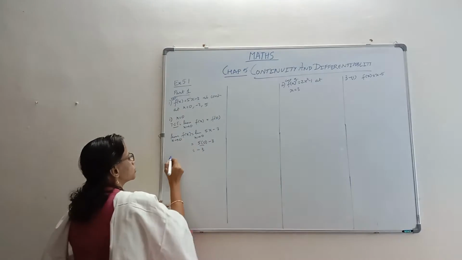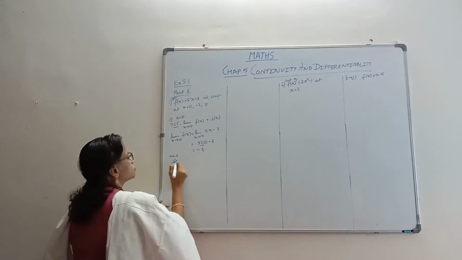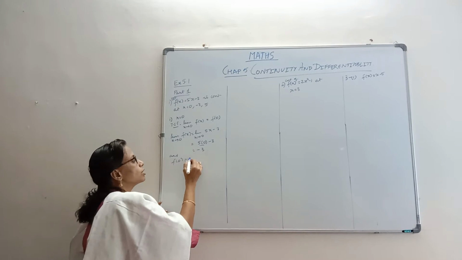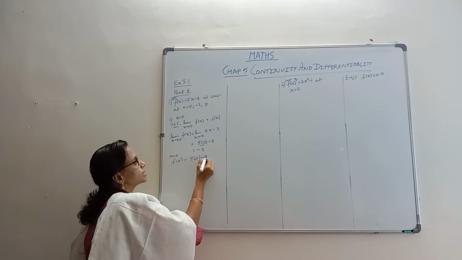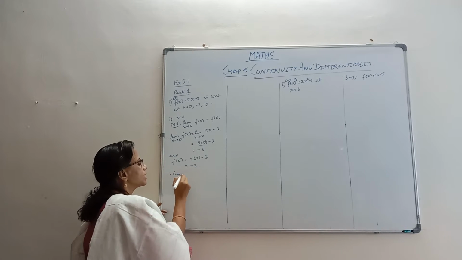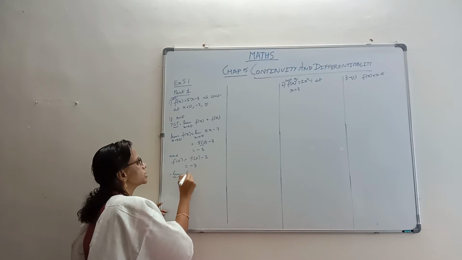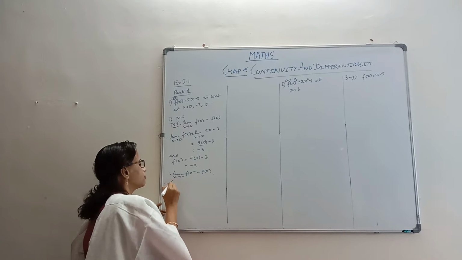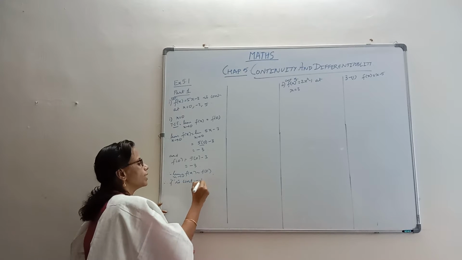Now f of 0: wherever x is coming, we put 0. So it's 5 times 0 minus 3, that is also minus 3. Therefore, limit as x tends to 0 f of x is equal to f of 0, which means that f is continuous at x equal to 0.